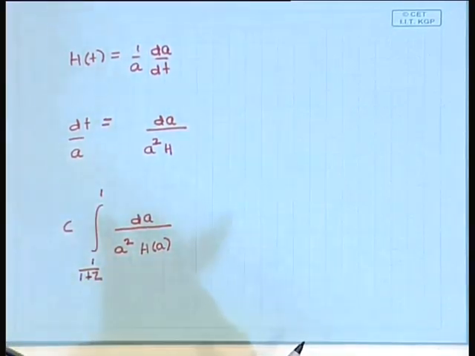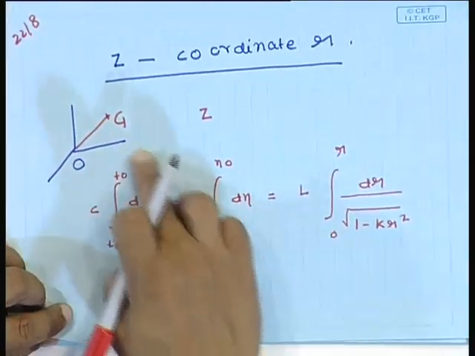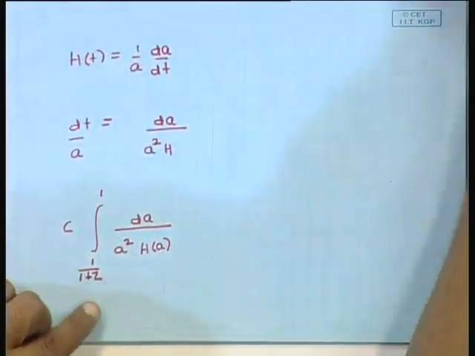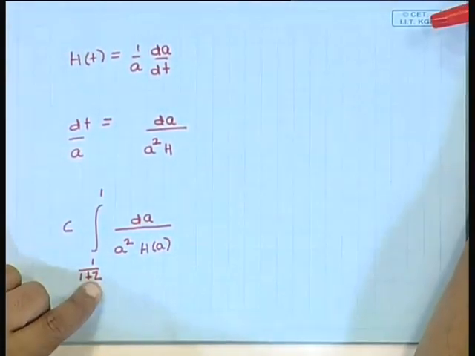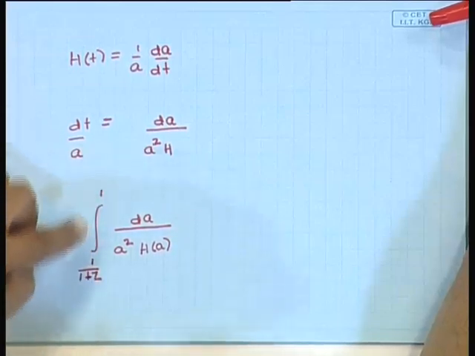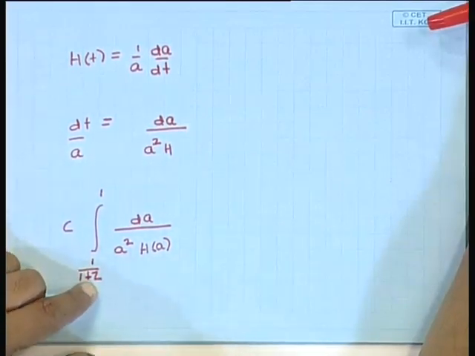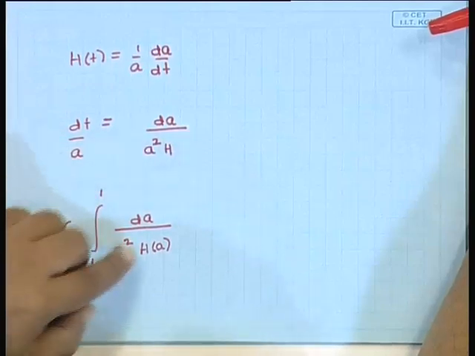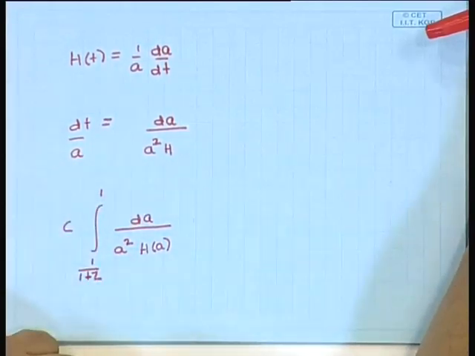So, the integral on the left hand side can be written in terms of this observable redshift as c times the integral from 1 by 1 plus z, the scale factor when the light was emitted, to the present value of the scale factor, of dA by A squared H(A).